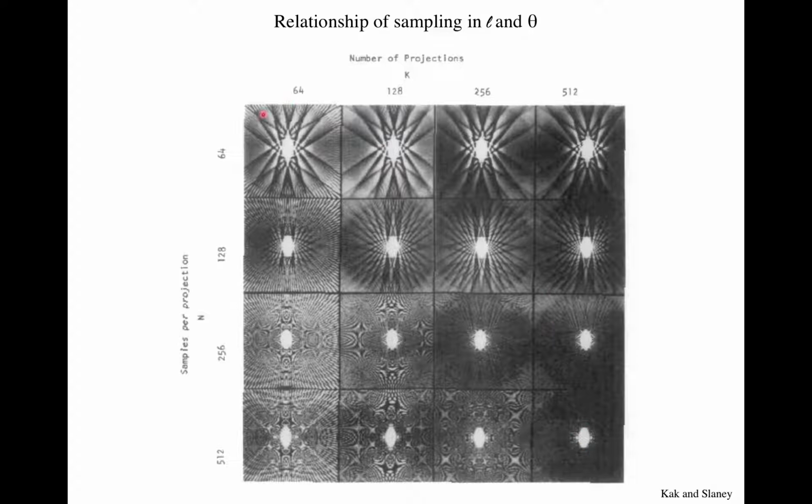And so with very few samples in L and very few projections, we get this significantly underestimated or artifact-containing picture where we have large streaks here. When I have a lot of samples in L and many projections matched, I get a reasonable picture, and there seems to be some kind of circular region here. So I need to match these two things, actually, right, to get where I'm going. And you get these complex aliasing patterns for different levels of undersampling in either L or theta.